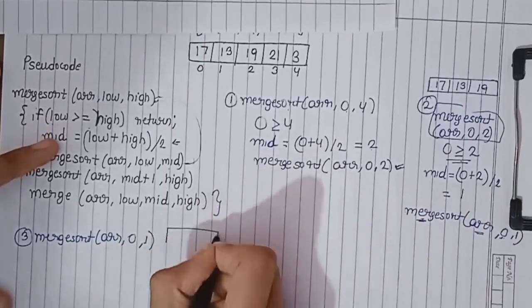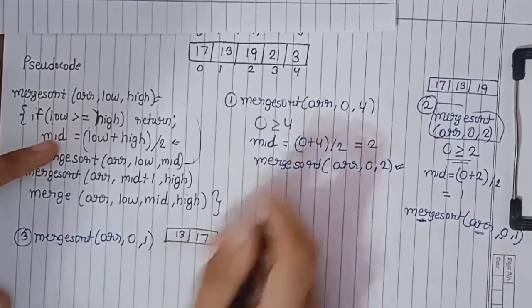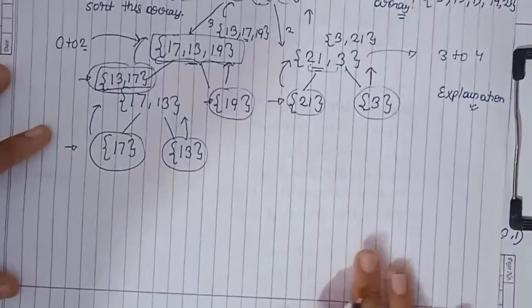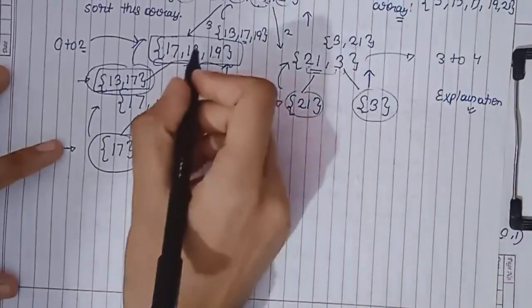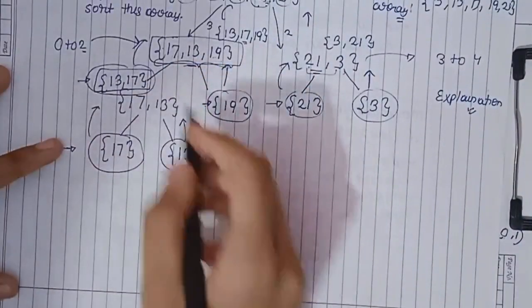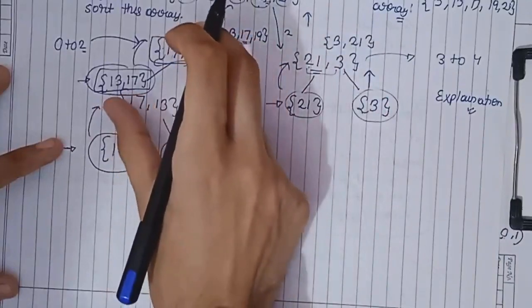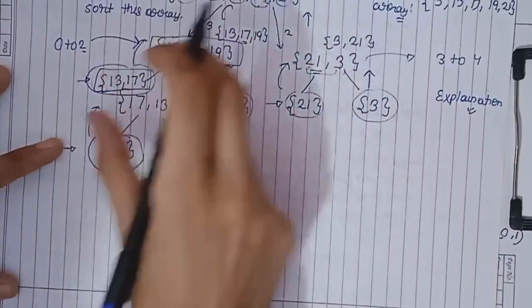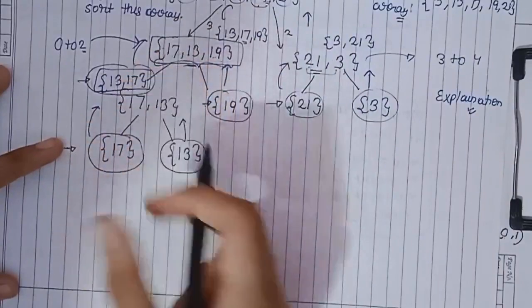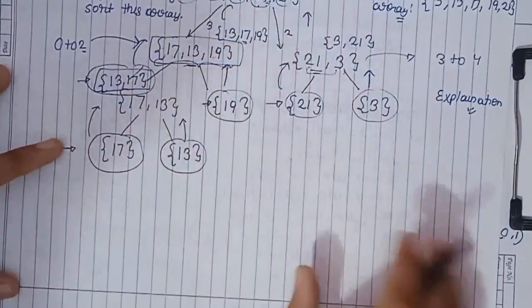Now the array at this stage is 13 and 17. So you must note that by playing with the index you are indirectly dividing the arrays. And again, as I have told you, we will be focusing on the left part first, and this code is working according to that. You can see that we are always focusing on the left part first.